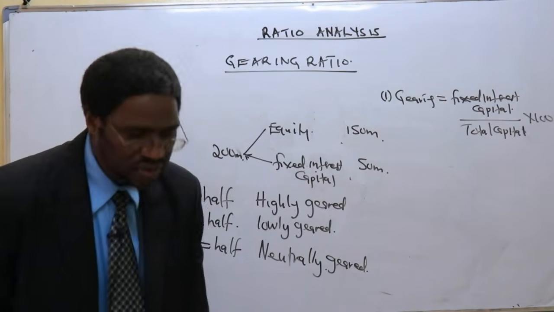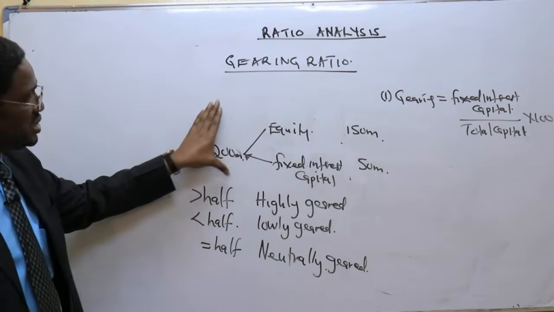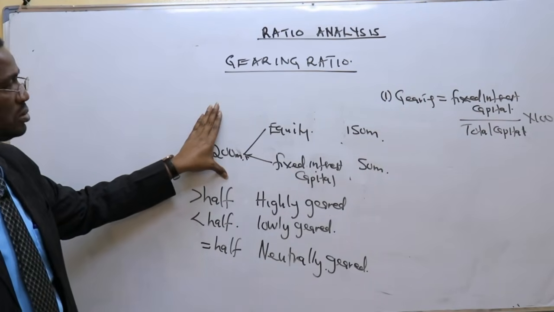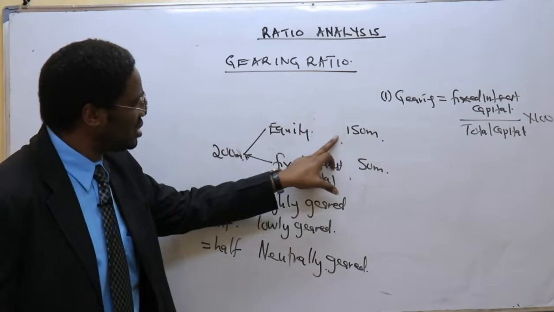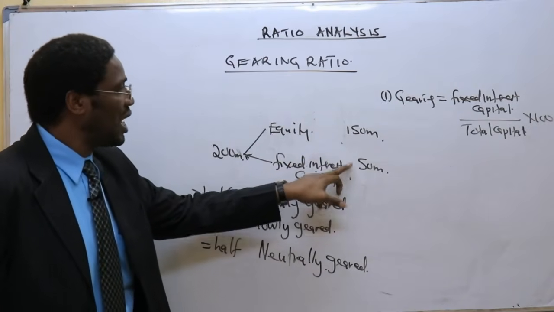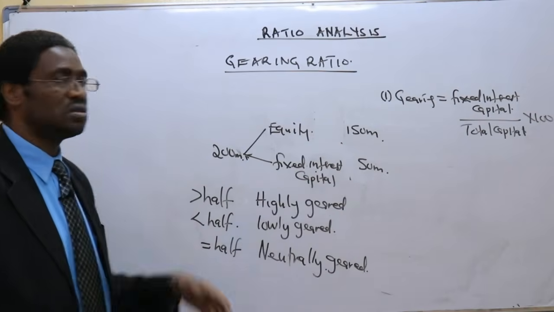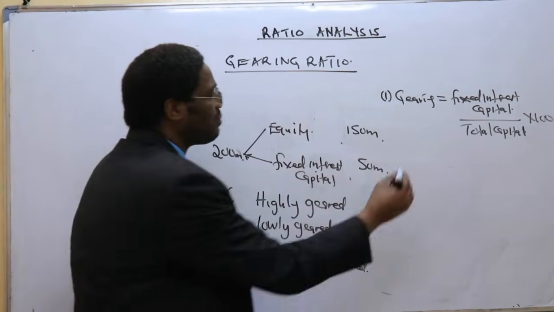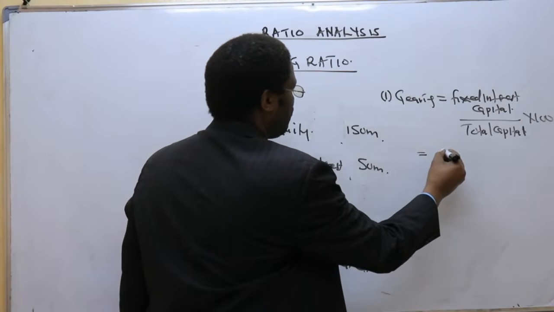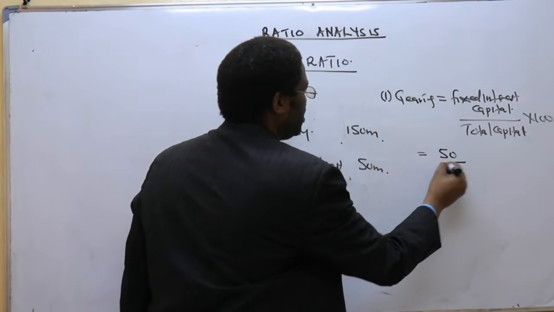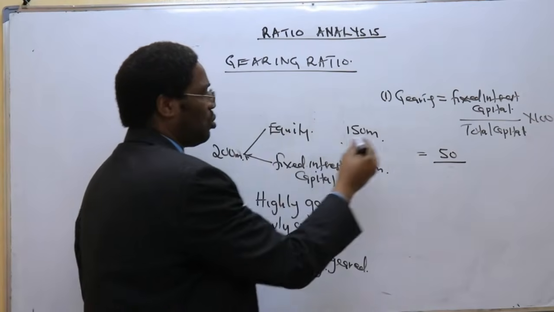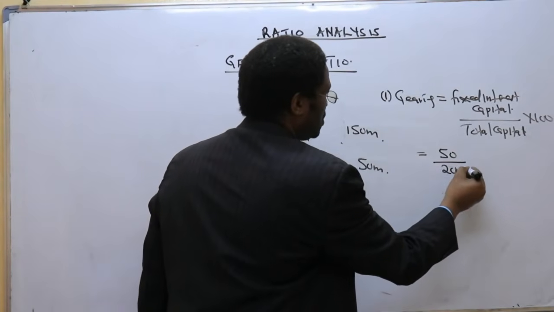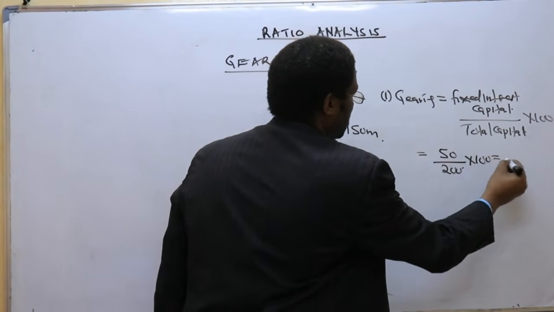So let us assume this scenario. Our fixed interest capital is 50. Our equity capital is 150. So if I use this formula, I take the fixed interest of 50, divide by total capital of 200, and multiply by 100.